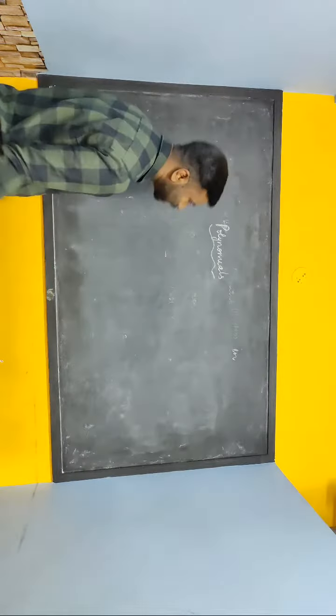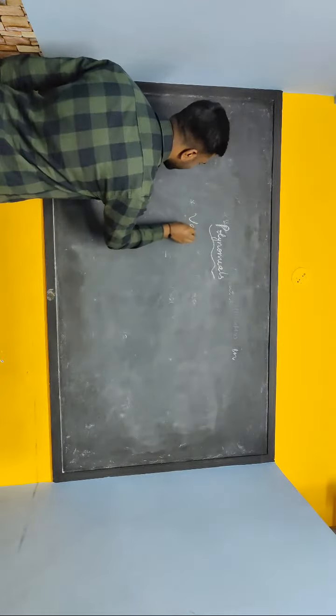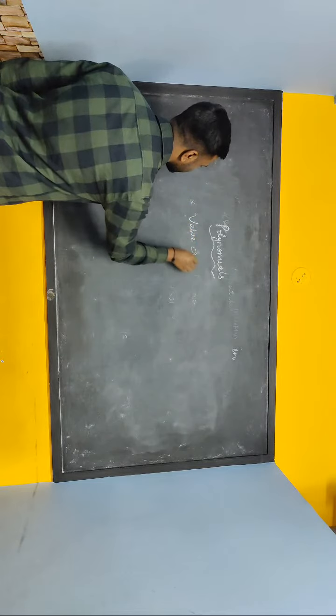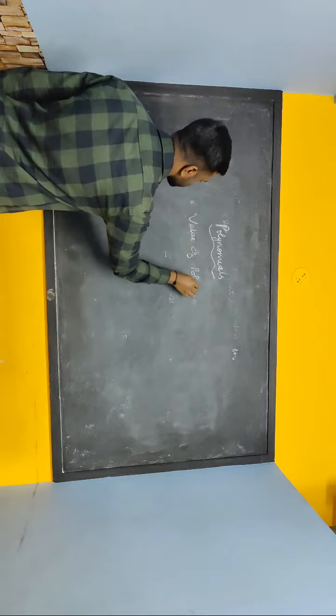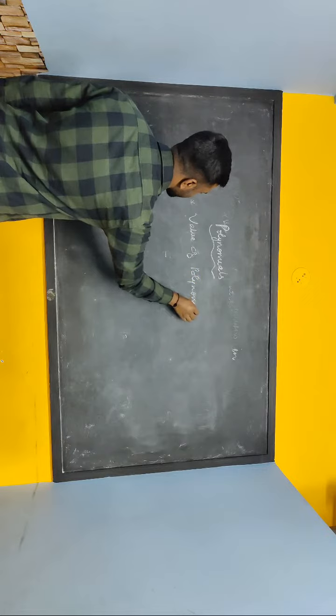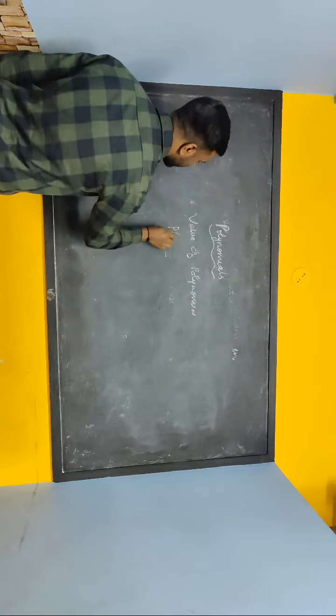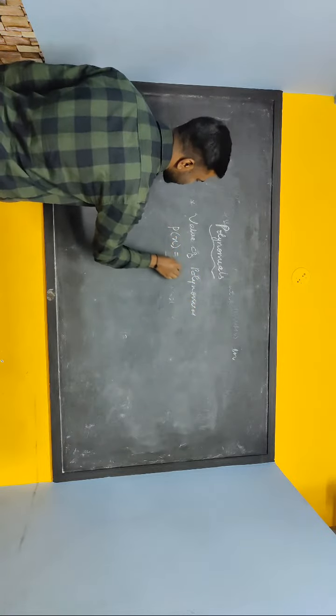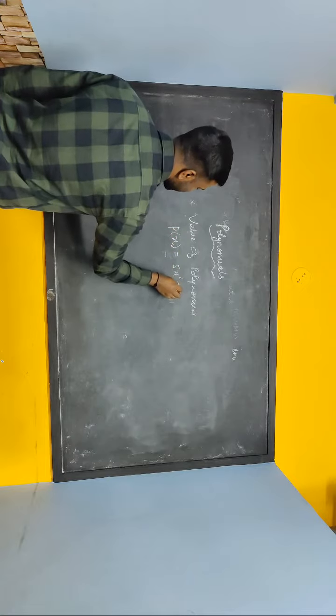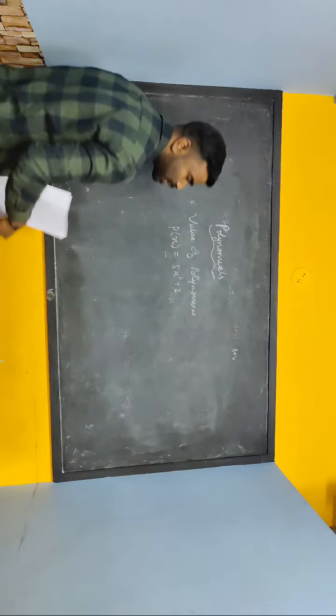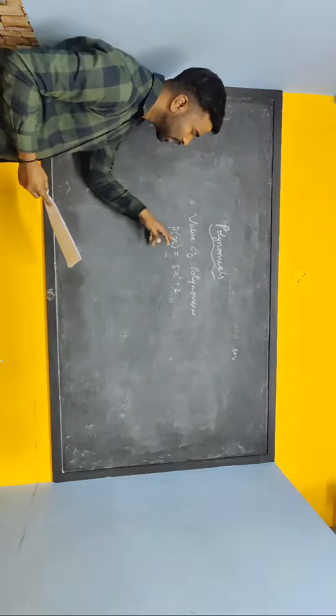And also, they can ask you the value of a polynomial. For example, for the given polynomial p of x equals 5 x squared plus 2. So this is an example.